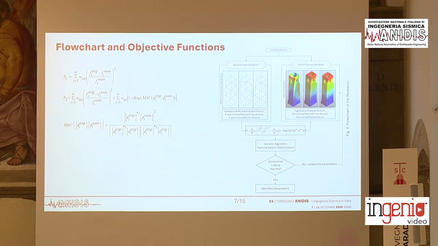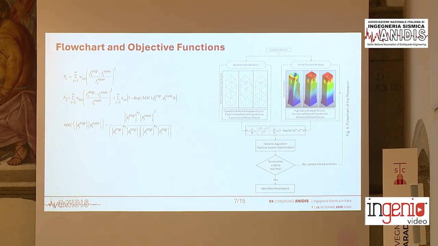This is the flowchart of the research. This is an iterative process in which genetic algorithm and particle swarm optimization develop and evolve for the next iterations, and calculate the objective function. 2 objective functions were considered in this research.